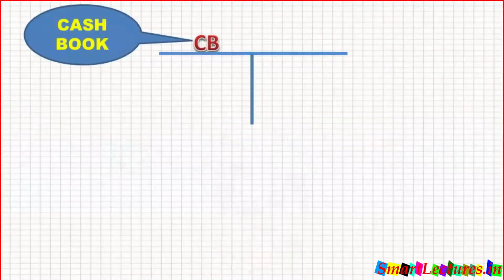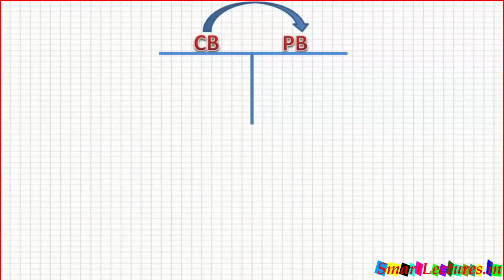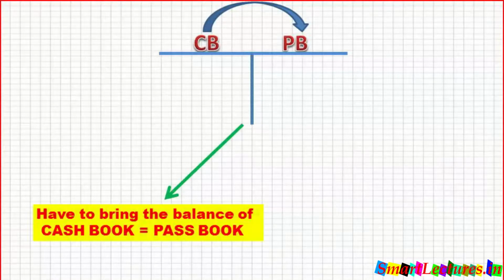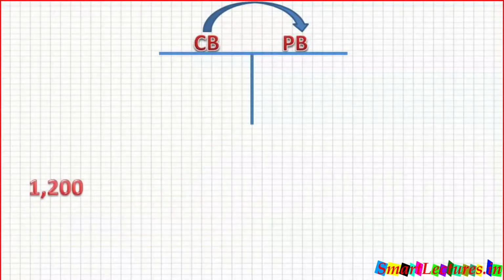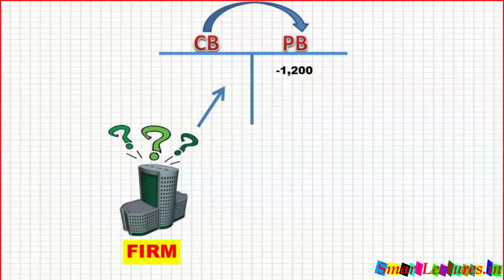Come to the small T, cash book on the left hand side, passbook on the right hand side, and the arrow is shooting from cash book to passbook, meaning we have to bring the balance of the cash book equal to the balance of the passbook. So when 1200 was paid by the bank, what did the bank do? The bank did minus 1200 in the passbook. But the cash book people didn't know, meaning the firm didn't know about this thing.